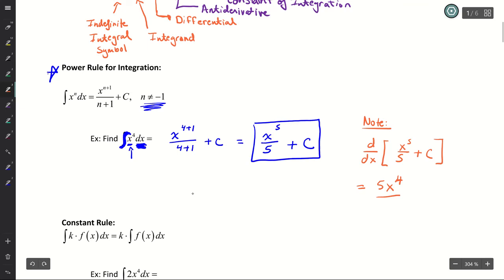The over 5 we have is just a constant, so it stays there, and then the derivative of a constant is 0. And so reducing that, the 5s are going to cancel out, and then you're going to be left with x to the fourth, which is our integrand. That was the thing that we were trying to integrate originally.